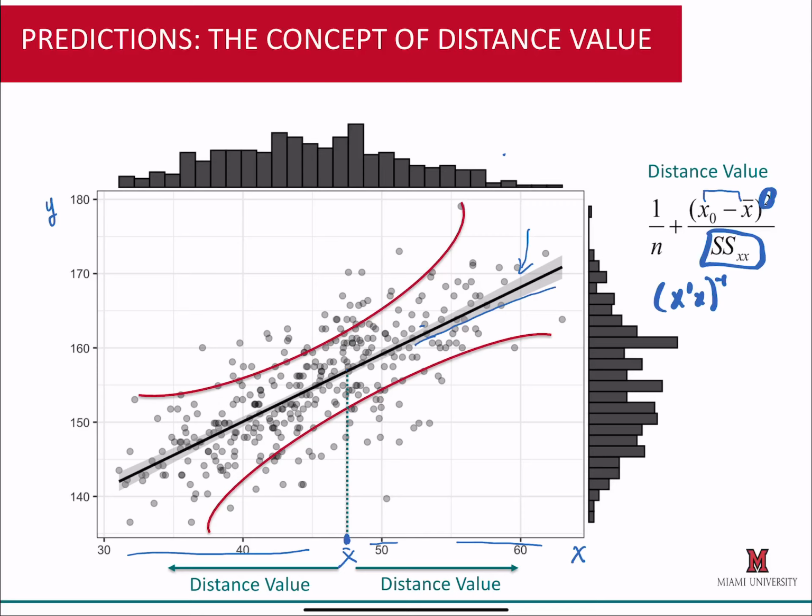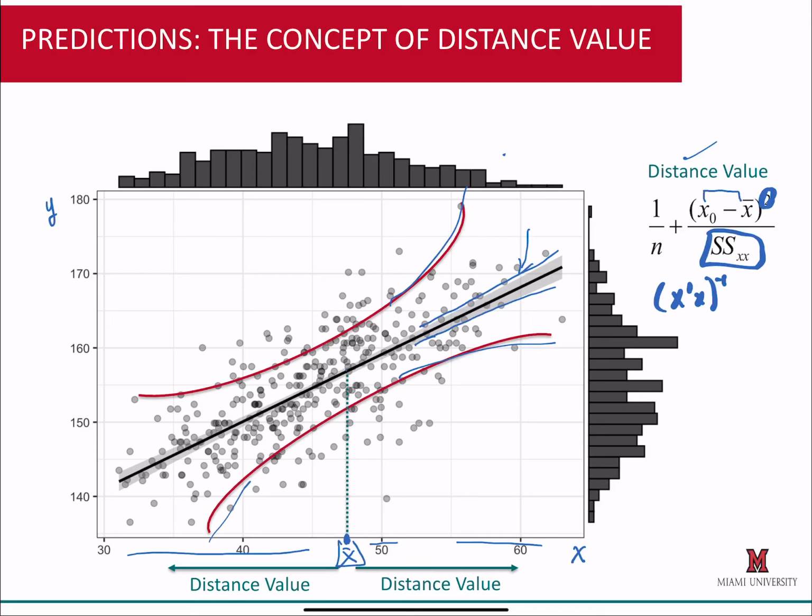Remember, this is what we are doing when we're getting a confidence interval on the mean. It's just the confidence interval on the average value of y for a given x. As we get further and further away from the mean, those confidence intervals become larger and larger because they are somehow accounting for this distance value. For individuals, it happens the same way. The interval gets larger and larger the further away you are from the mean of x.